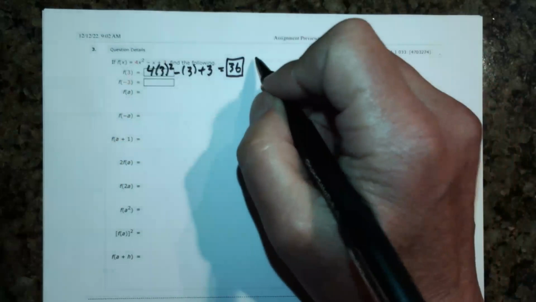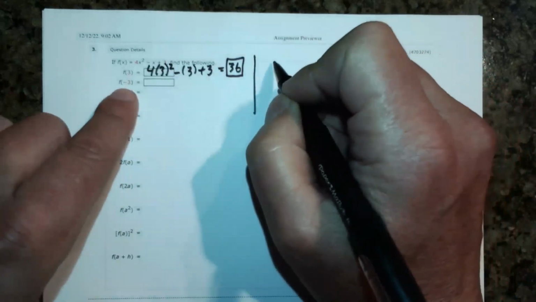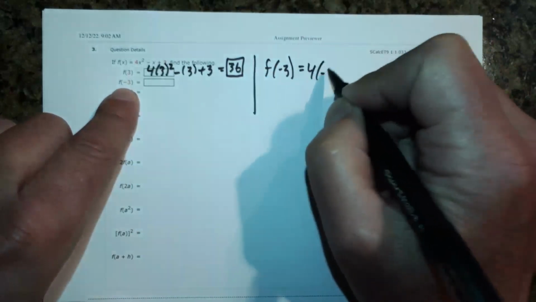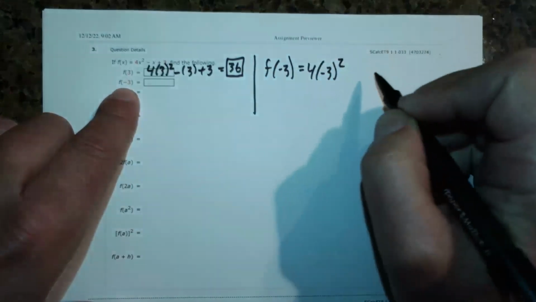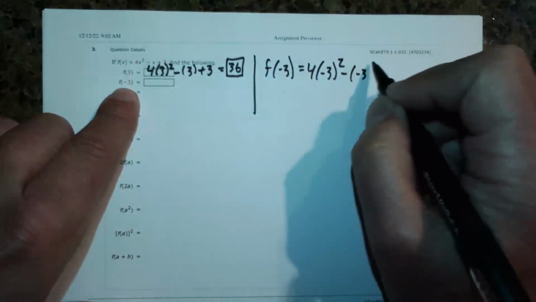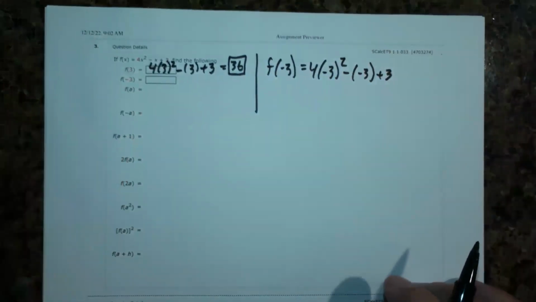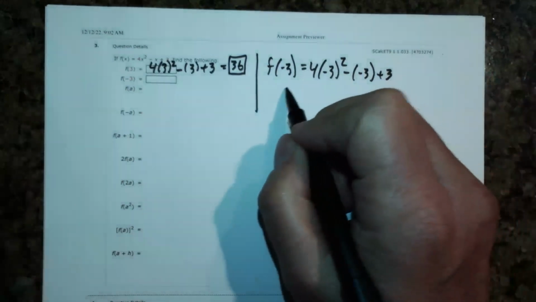And let's do f of negative 3 over here. Be careful here. Now, this gets a little tricky. When I square negative 3, that becomes positive.